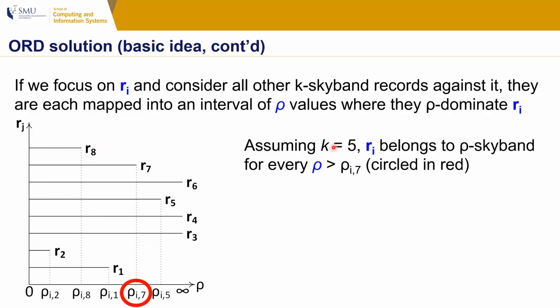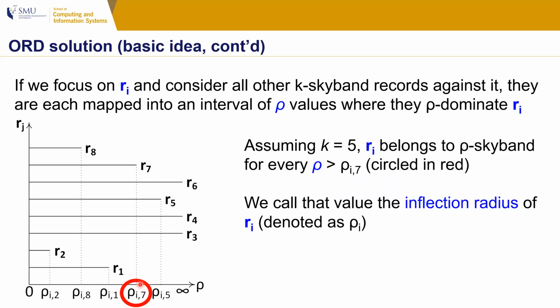Therefore, if the input k equals 5, we can find the rho value past which my record Ri is going to belong to the rho-skyband, meaning it's going to be rho-dominated by fewer than 5 others. So we call this radius here the inflection radius of Ri.